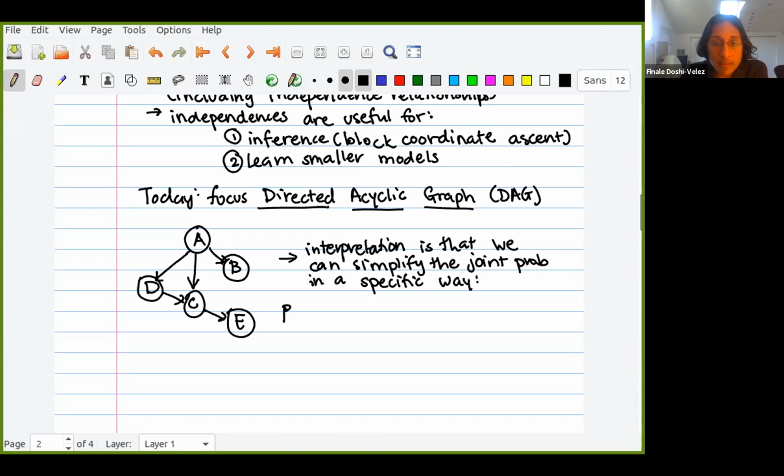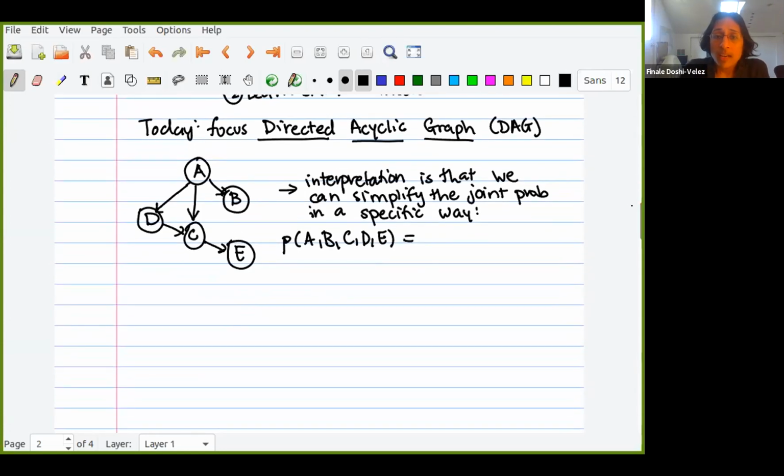So if I have the probability of A, B, C, D, and E, and I want to factor that probability, well, I can always factor it based on rules of probability.